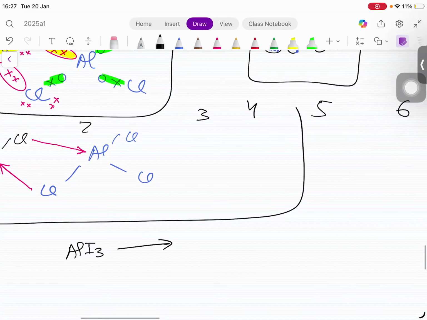Al2I6. Can you please draw it now with me? You will see AlI3 turning into Al2I6. So yeah, Al2I6. Aluminum again has 3 electrons.